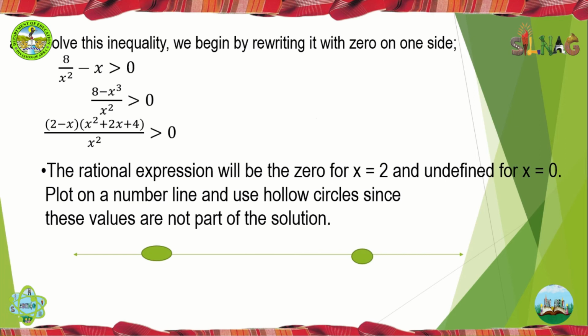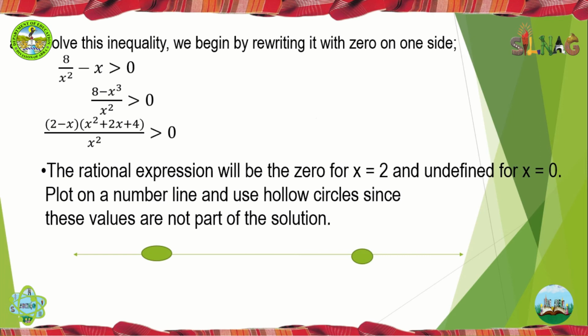Then we have to factor the numerator at the left side. So we have the quantity of 2 minus x times the quantity of x squared plus 2x plus 4, applying what you have learned on how to factor a difference of 2 cubes, over x squared is greater than 0.